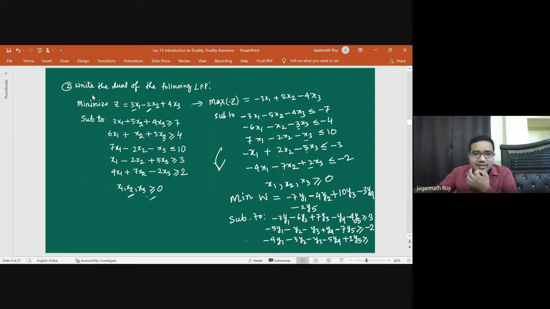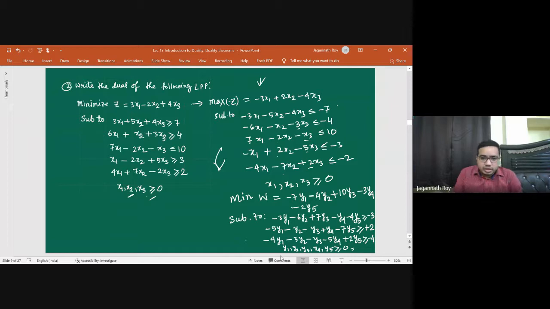Right now these coefficients are changed. Sorry, we have to think about this one. This is not correct. So this is actually minus 3, and this is greater than or equal to plus 2, and this is greater than or equal to minus 4. And y1, y2, y3, y4, y5 are all greater than or equal to 0, because the primal constraints are less-than type, so the variables are greater-than type.